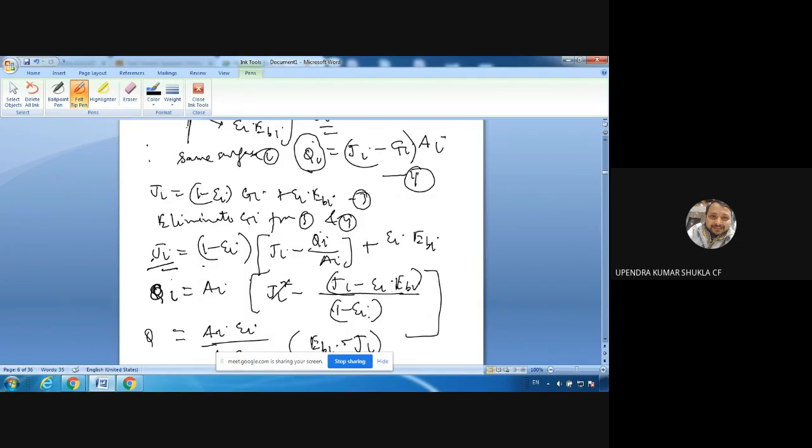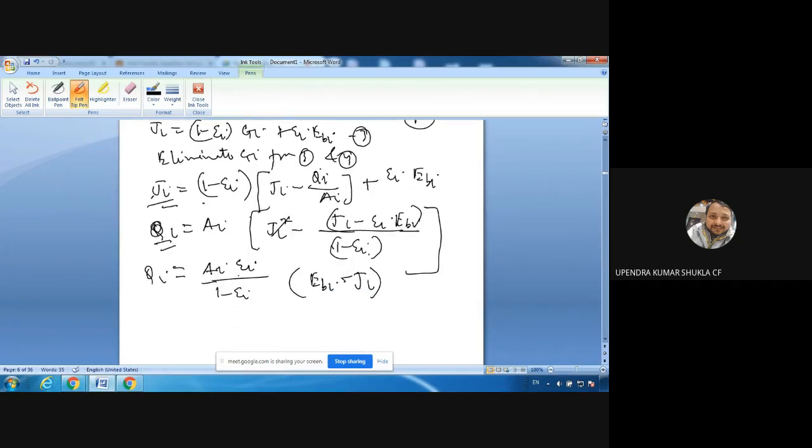Qi is Ji minus Gi times Ai. So for Ji I have written 1 minus epsilon I, and for Gi I have put Qi. Now solve for Qi and we will get this equation: Qi is equal to, by further simplifying, Ai epsilon I over 1 minus epsilon I, times Ebi minus Ji.